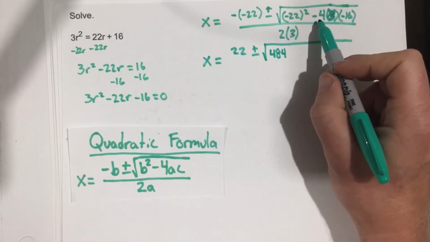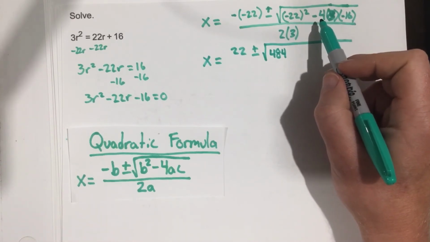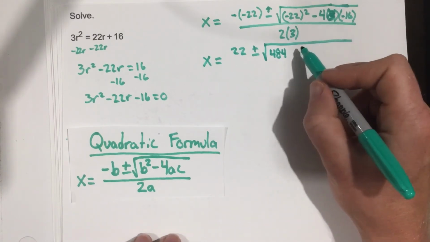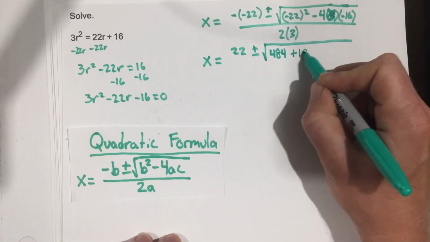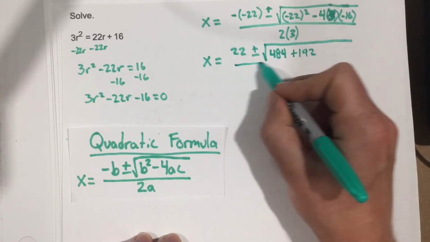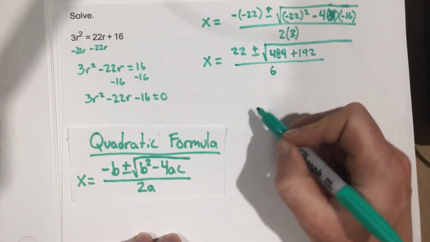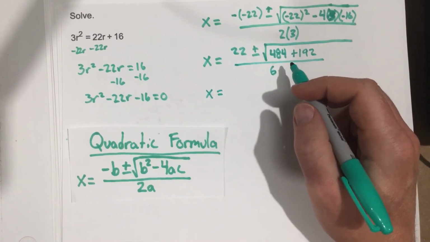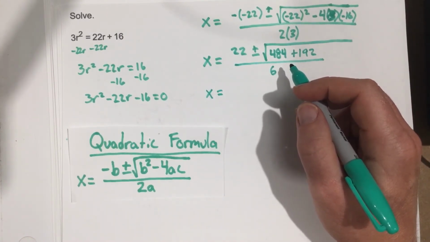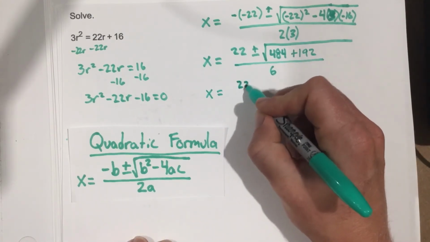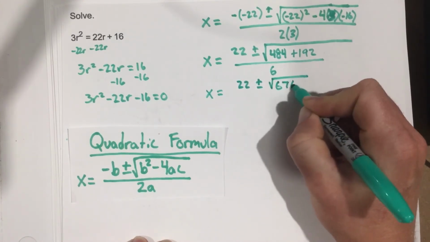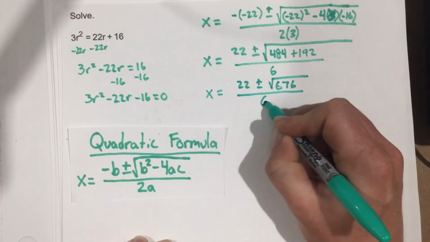And then we have negative 4 times 3 times negative 16, which gives you a positive 192, so plus 192 under here, over 6. 484 and 192 is 676, so we have 22 plus and minus root 676 over 6.